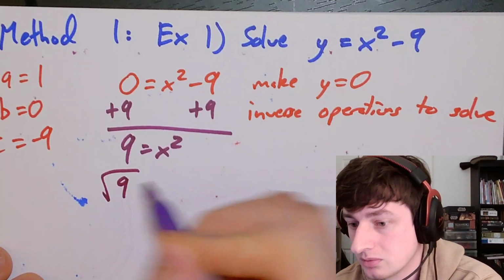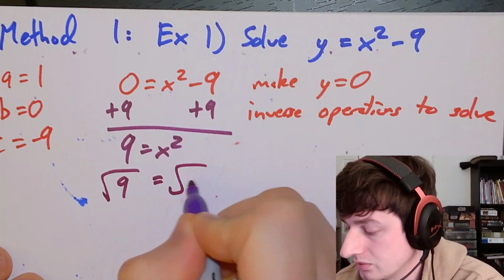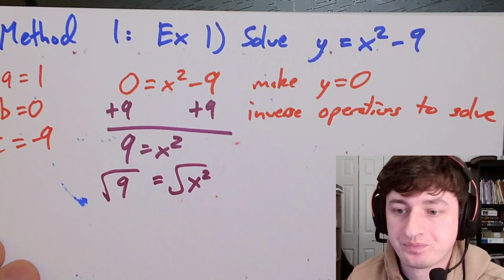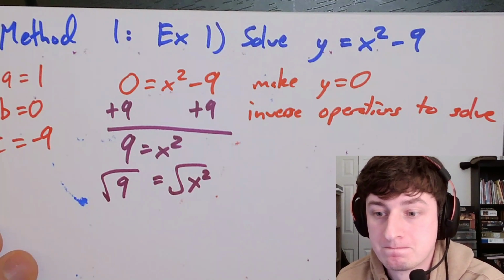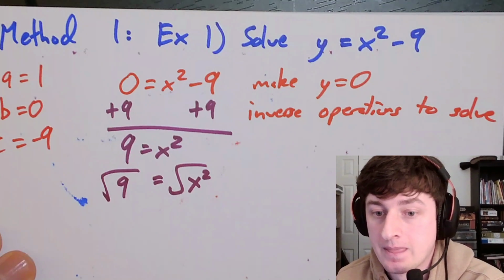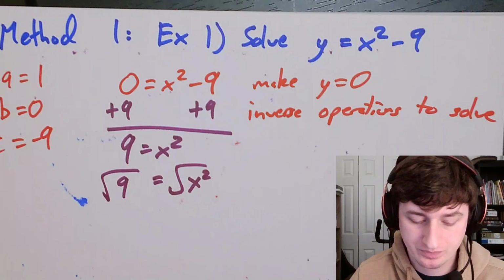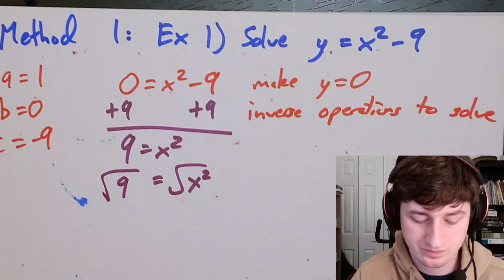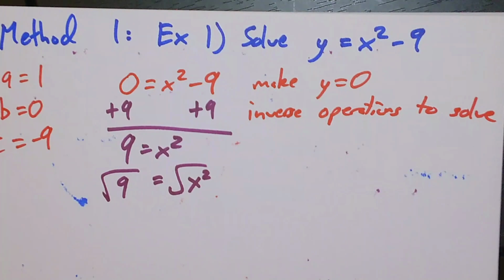Square root of 9 equals the square root of x squared. And we need to remember something that I'm going to write over here. Okay, two things.